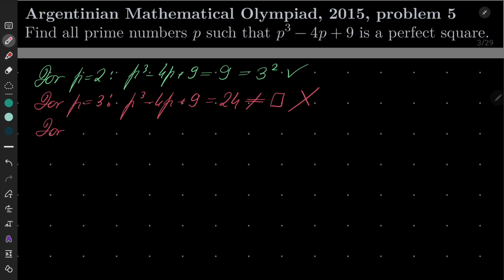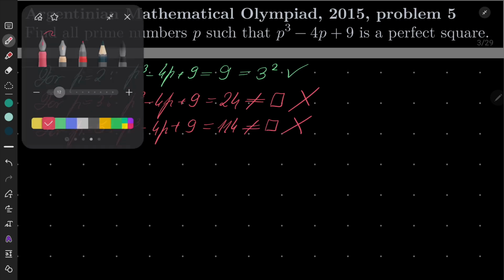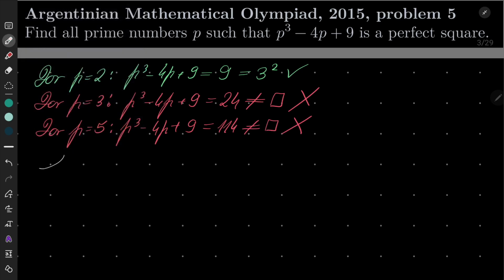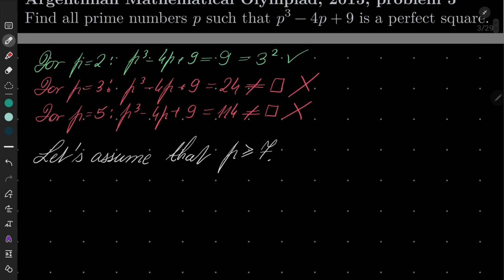And for p equals 5, p cubed minus 4p plus 9 happens to be equal to 114, and this is also not a square. From now on, let's assume that p is greater than or equal to 7, because the next prime is 7.